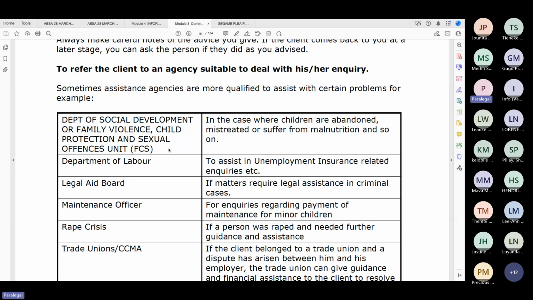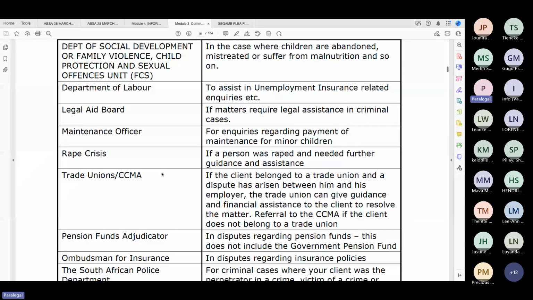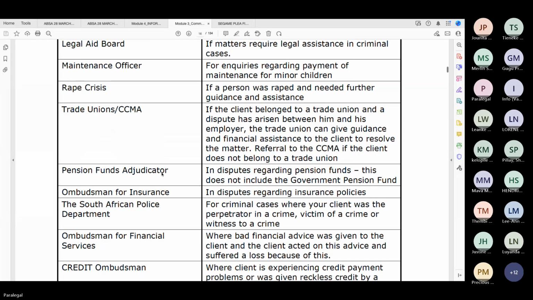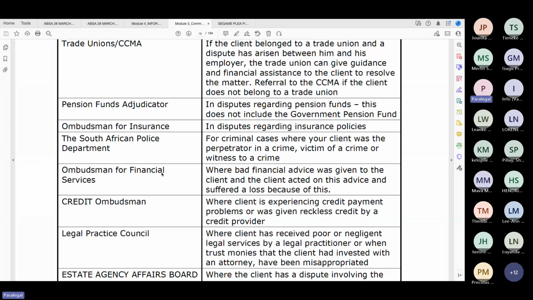There are different agencies where you need to refer clients to. If it's children, those of you who work around the children's spaces, is NICRO still functioning? I think they used to deal with juveniles and young people. If it's situations of homes and houses, they need to go to the community schemes ombudsman, CSOS.